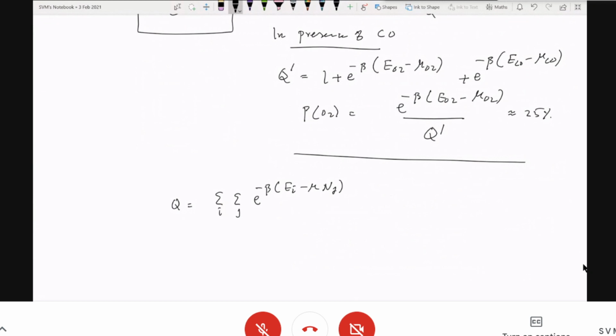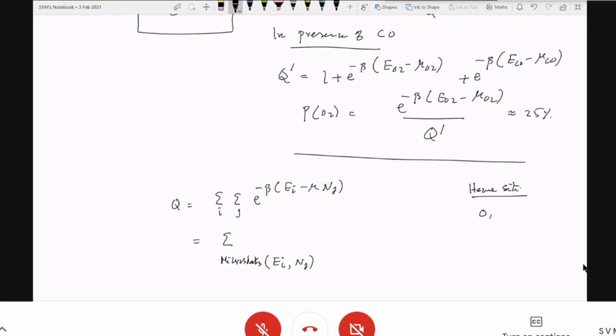Yes, sir. Essentially, this is a sum over all microstates. Each microstate has an energy Ei and number of particles Nj. Yes, sir. For this hemoglobin site that we are talking about, there are 3 microstates.